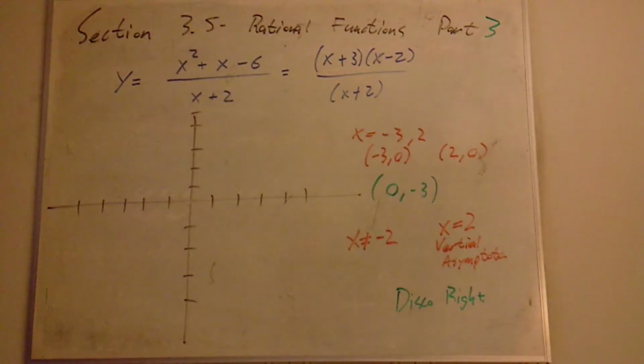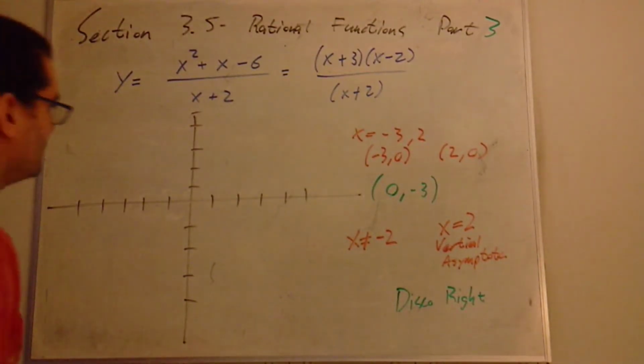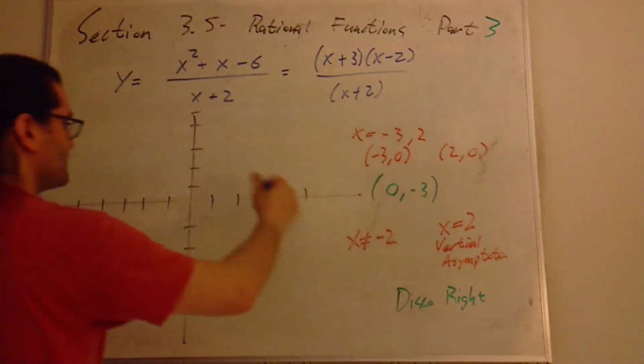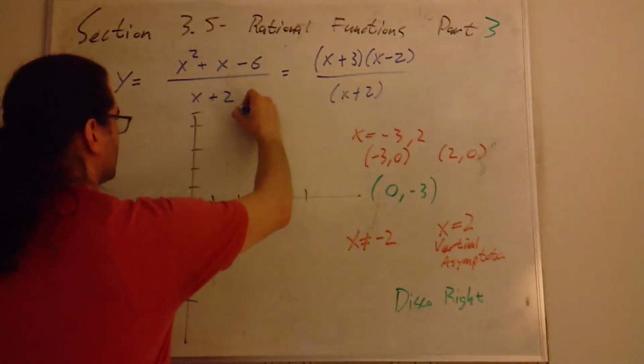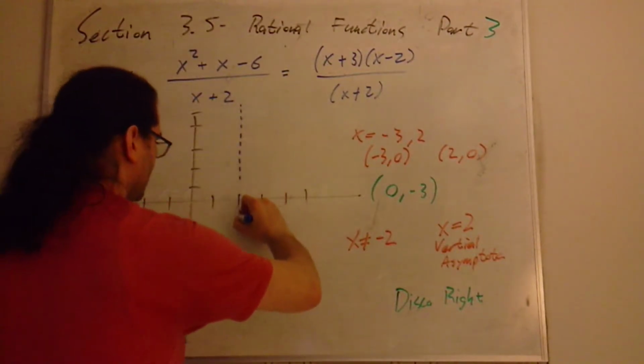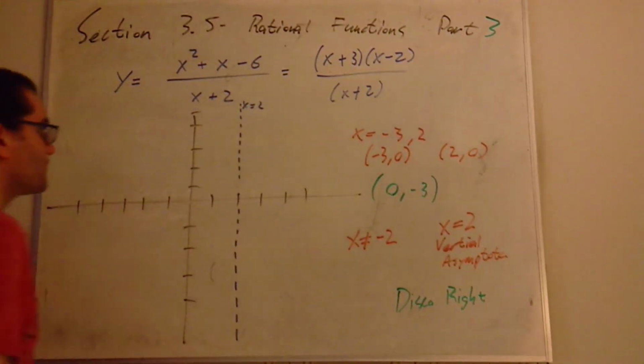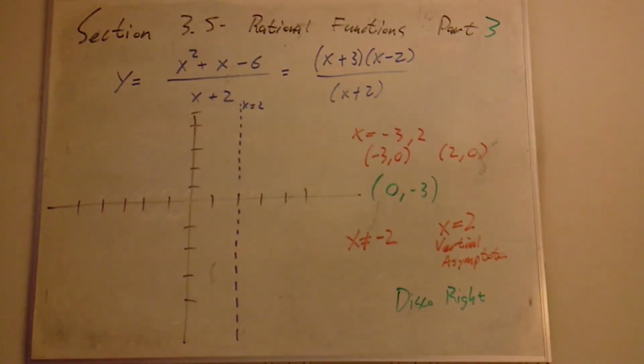Okay, so here's our axes. Let's see what we're dealing with for points and asymptotes and other such things. Our vertical asymptote is going to come in at x equals 2. Sorry, -2. What am I doing? That's not right.